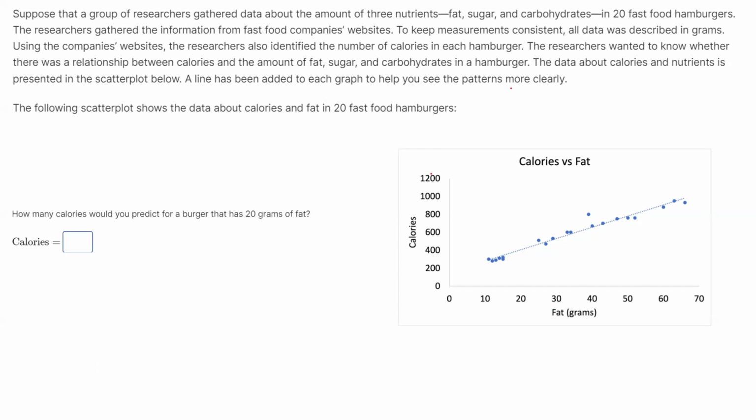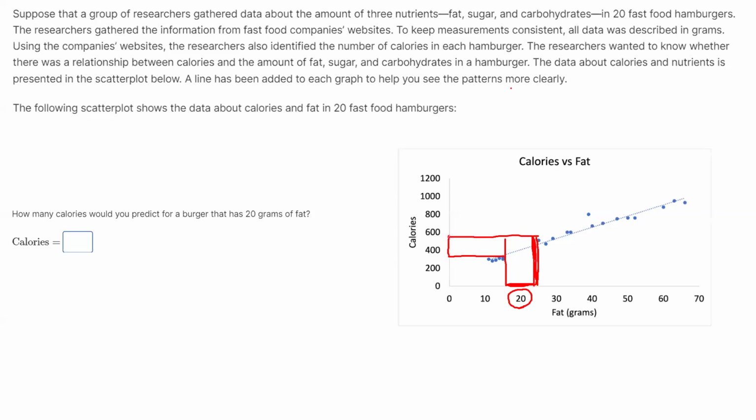How many calories would you predict for a burger that has 20 grams of fat? Okay, 20 grams of fat is just right here. So if you look at about 20 grams of fat here and match it with the calories, I'm doing my best to see what would be the amount of calories. It should be around this.